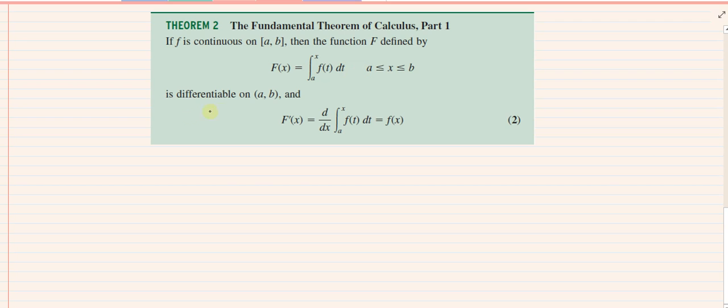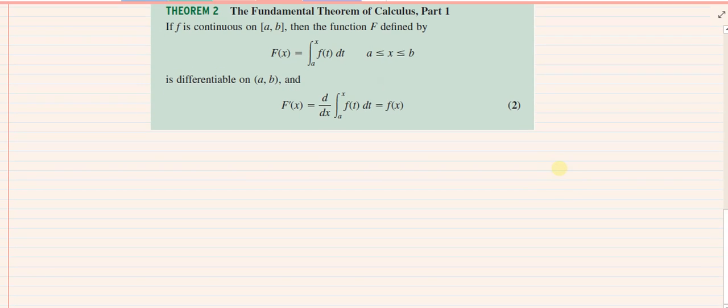This function is differentiable, and its derivative, the derivative of the function, ends up being just f of x. Remember, f of x is the integrand in our definite integral. So that's the connection between the integral and the derivative of the function.